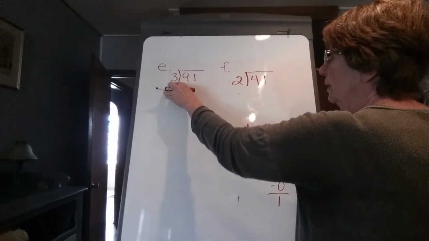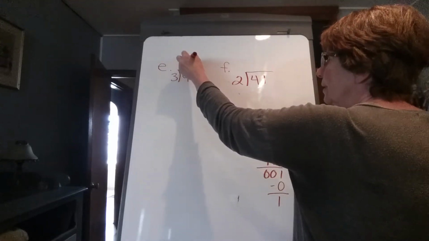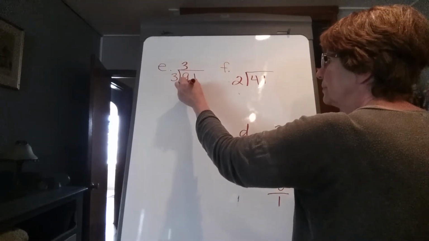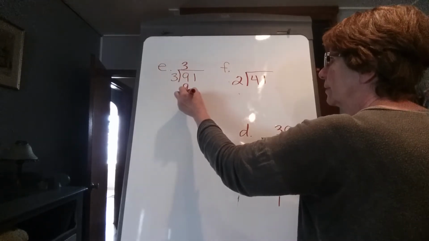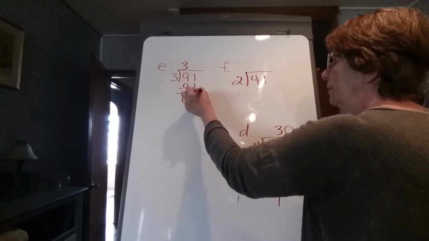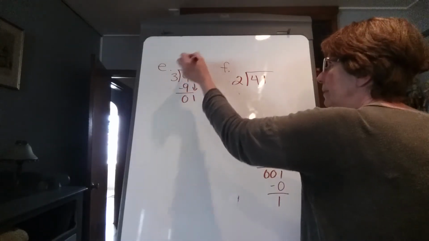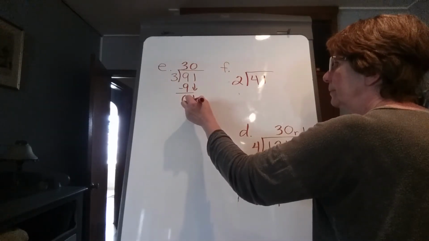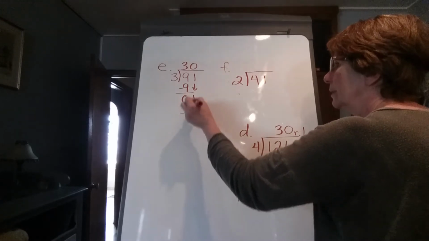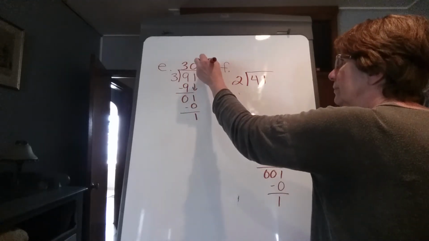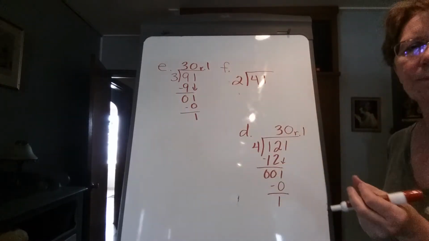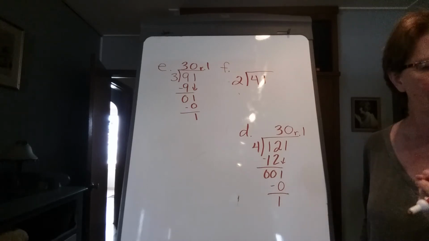Here we go. 3 goes into 9 3 times. 3 times 3 is 9. Bring down your 1. 3 goes into 1 0 times. 3 times 0 is 0. Minus 1. So it's 30 with a remainder of 1. Okay.